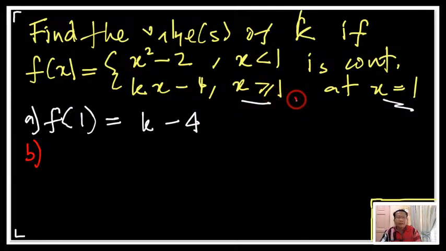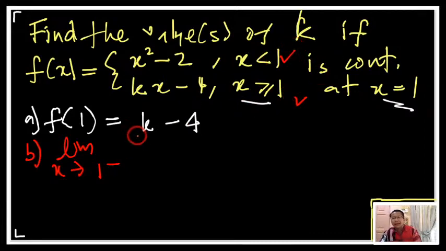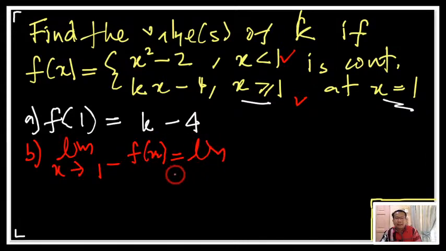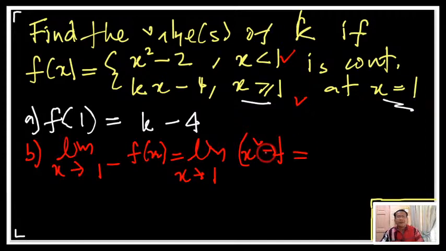You already used the one for greater than 1, so use the limit from left. So the limit as x approaches 1 from left. This one is from right, this one is from left. You already used this, use the other one. So f(x) is equal to the limit as x approaches 1 of x square minus 2. So this one is 1 minus 2, which is minus 1.